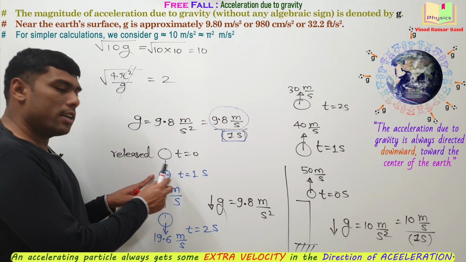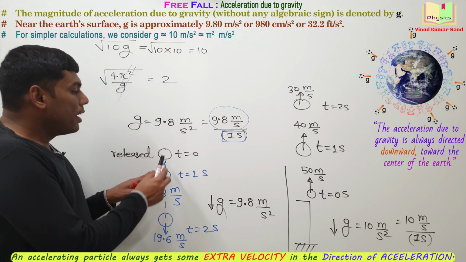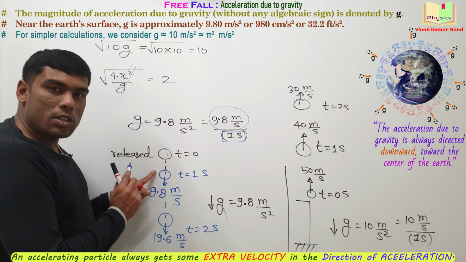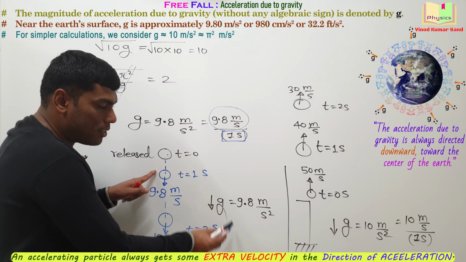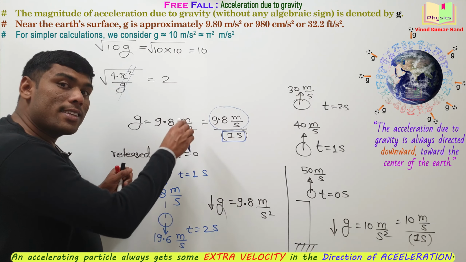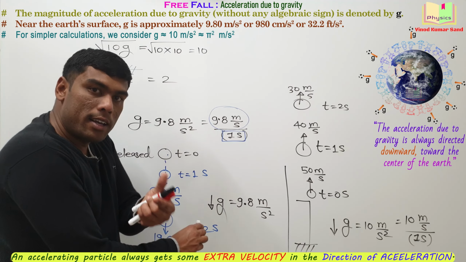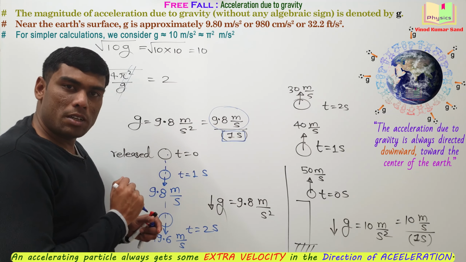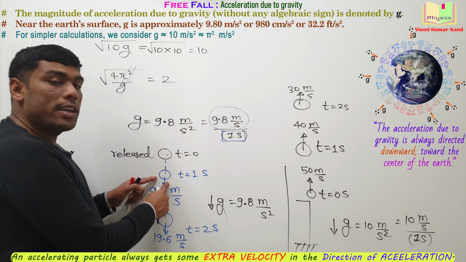Pay attention again to this example. T is equal to 0. The particle was released, so its initial velocity was 0 and the direction of acceleration is downward. So in this direction, every second it will get the extra speed of 9.8 meter per second. So in 1 second, how much speed will it get?